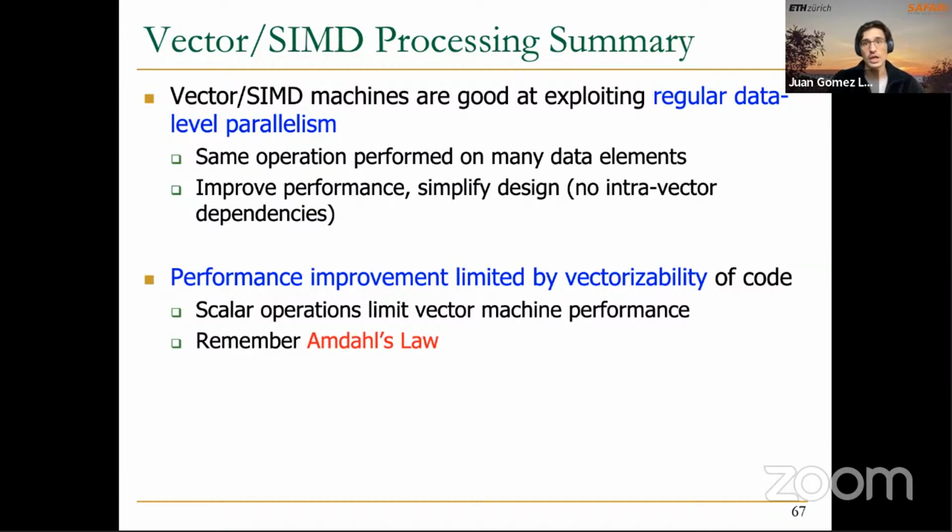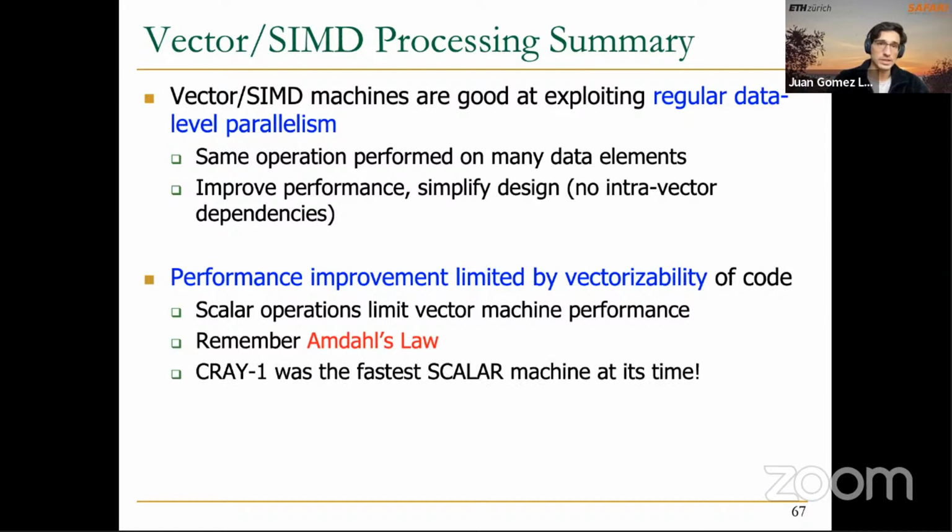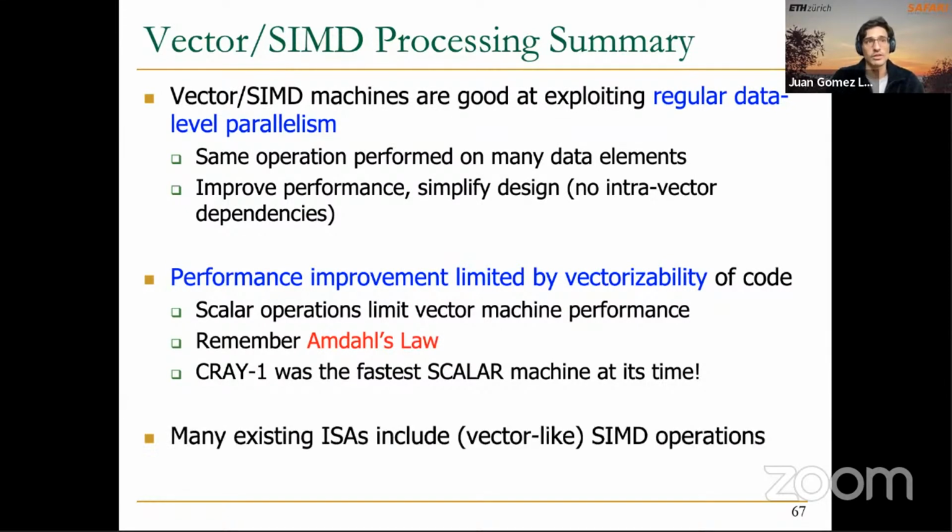Remember Amdahl's law, and remember that in the end, even the fastest vector machine of its time, that was the Cray 1 processor, it also was the fastest scalar machine, because their designers knew that vector execution or SIMD execution was not enough to achieve high performance for many important workloads containing also serial fractions of the execution time.